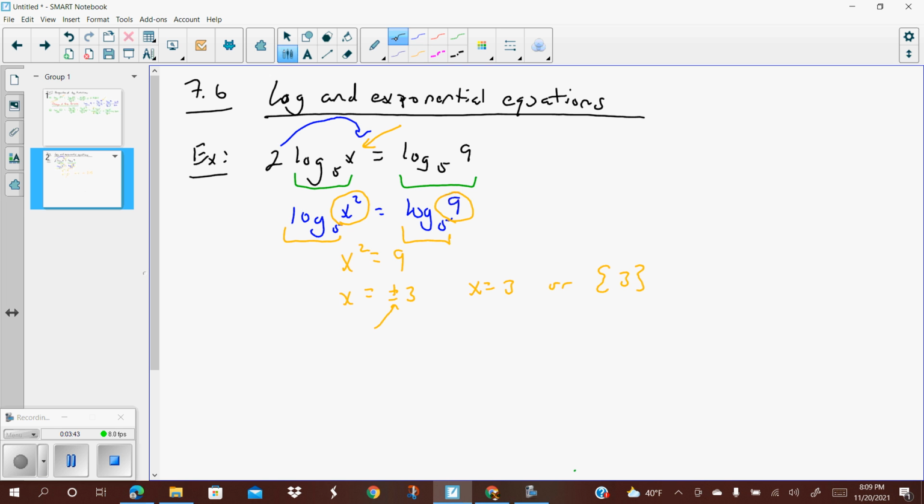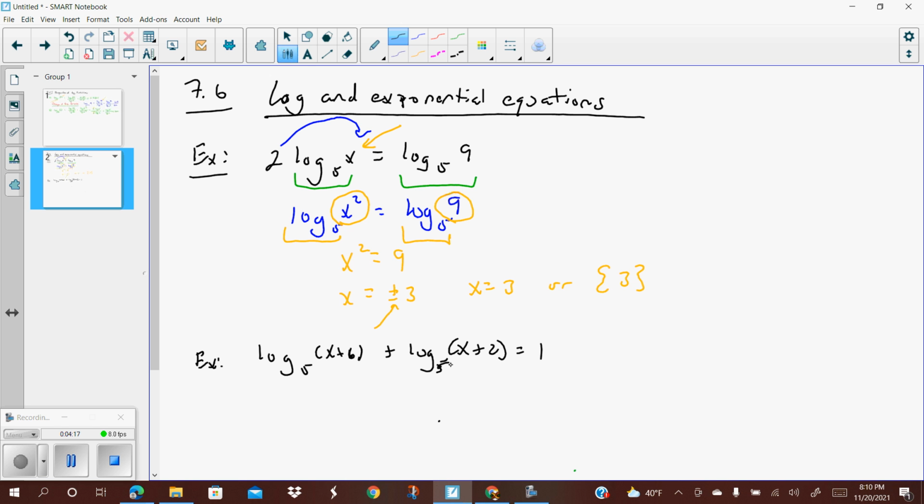Let's try another example. We'll now have the log of x plus 6 base 5 plus the log of x plus 2 base 5 equals 1.